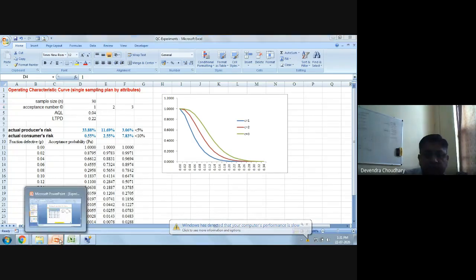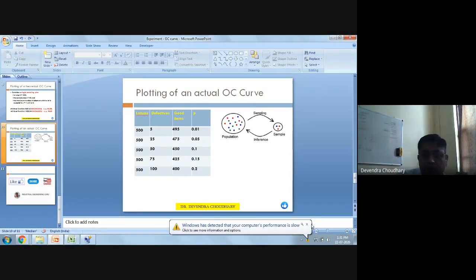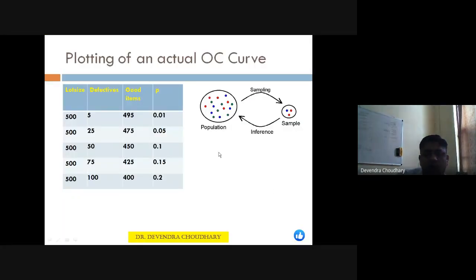Now let's discuss how we can plot an OC curve, an actual OC curve. So what you can do, you can have 500 similar kind of items. These may be some stones, pebbles, or your pea grains.